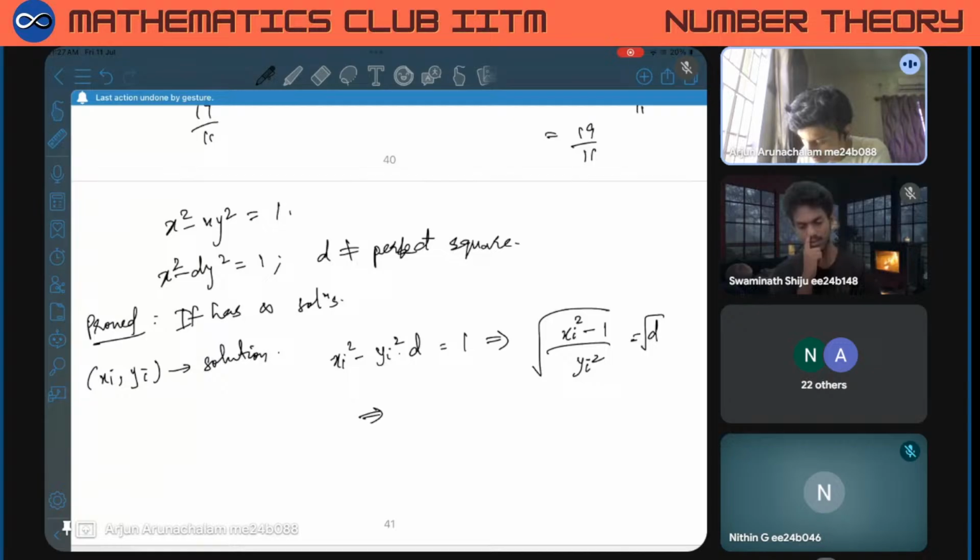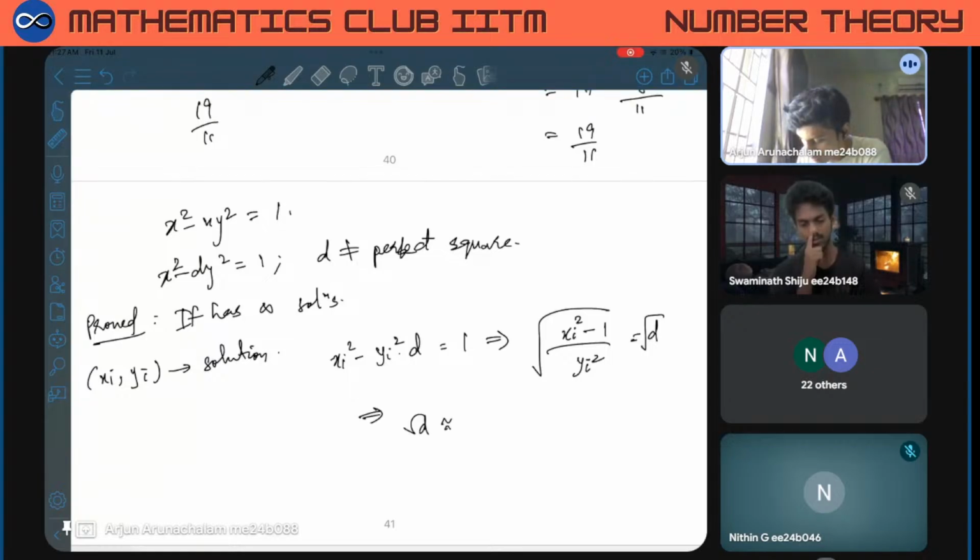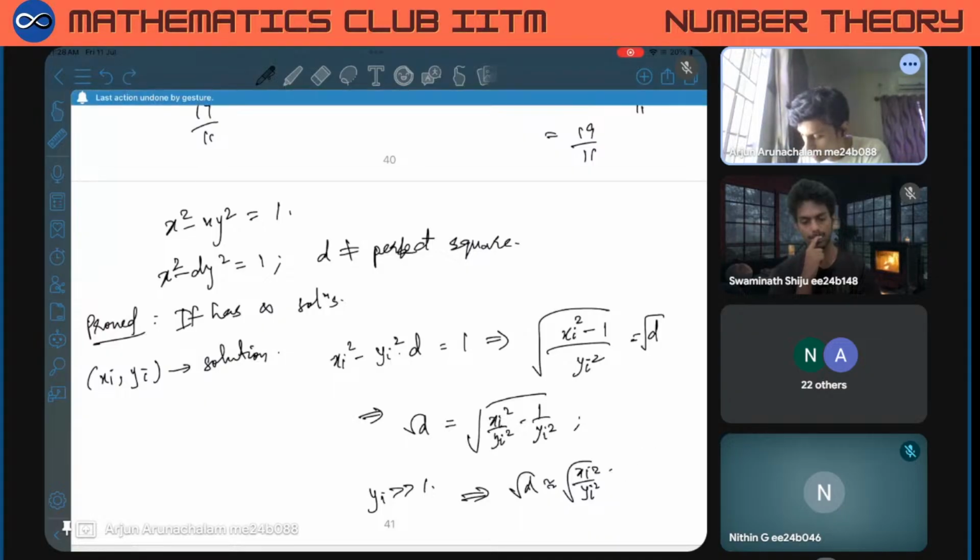This implies root d is equal to the root of xi squared by yi squared minus 1 by yi squared. Now let's assume yi is much greater than 1. Then root d is approximately the root of xi by yi squared. So this just becomes xi by yi, right?